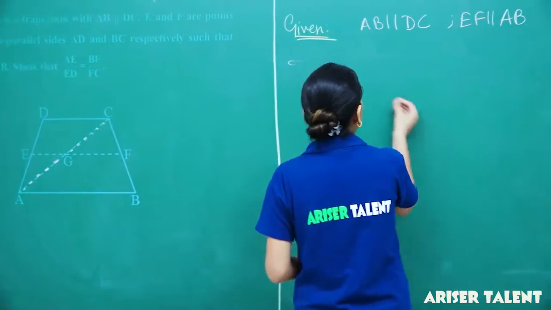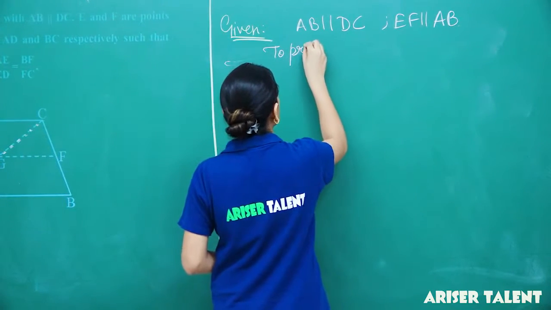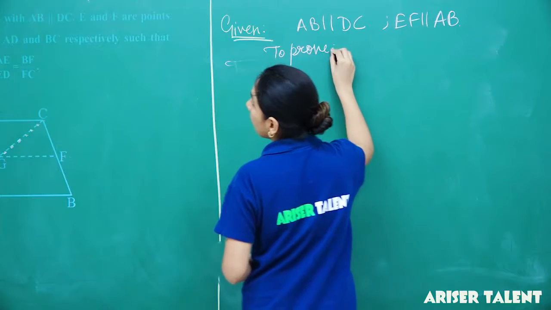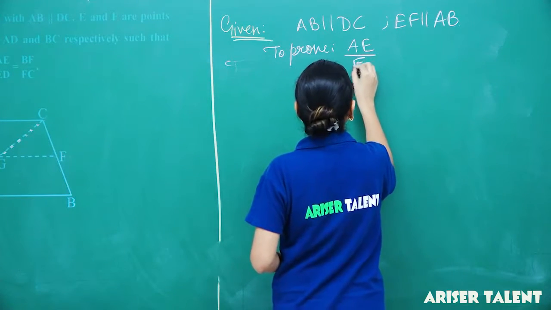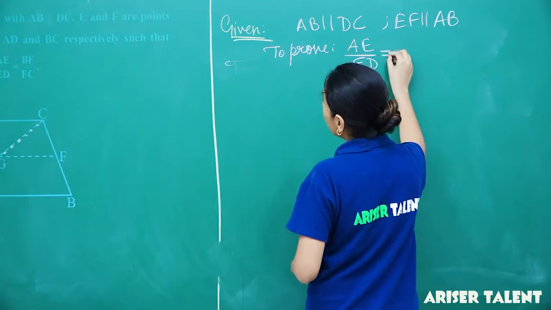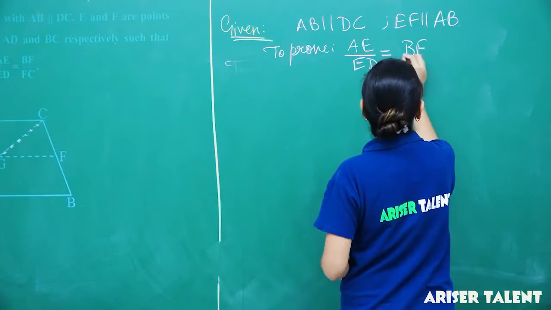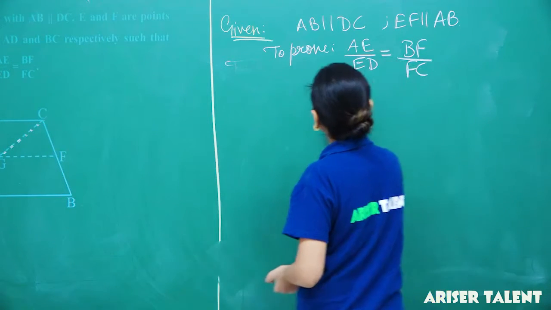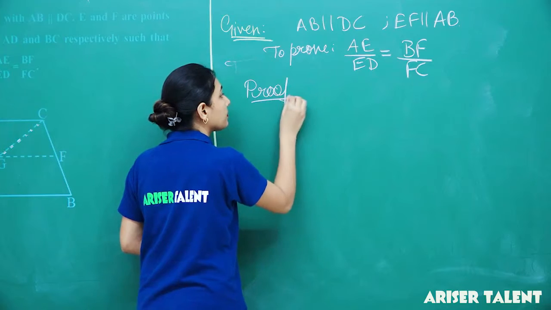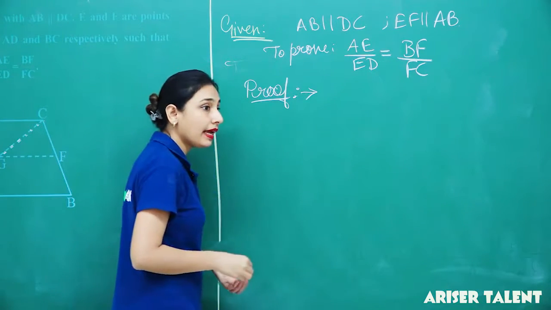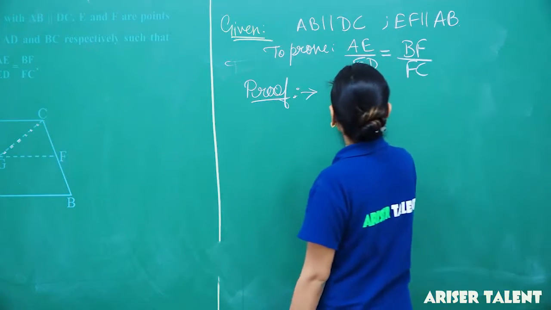So, to prove AE divided by ED equals BF divided by FC. Okay. So, proof: by applying Thales theorem, what will we get?